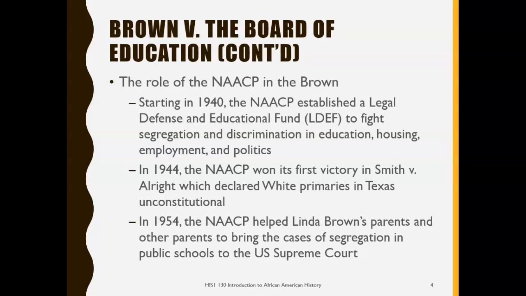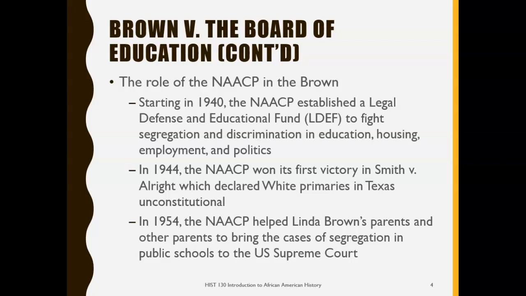So what was the role of the NAACP in the Brown case? Starting in 1940, the NAACP established a Legal Defense and Educational Fund, LDEF, to fight segregation and discrimination in education, housing, unemployment, and politics.